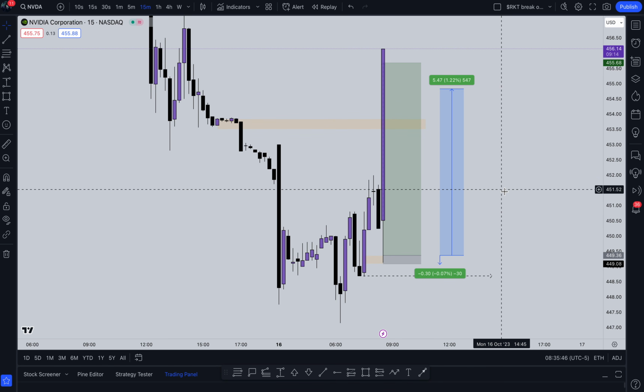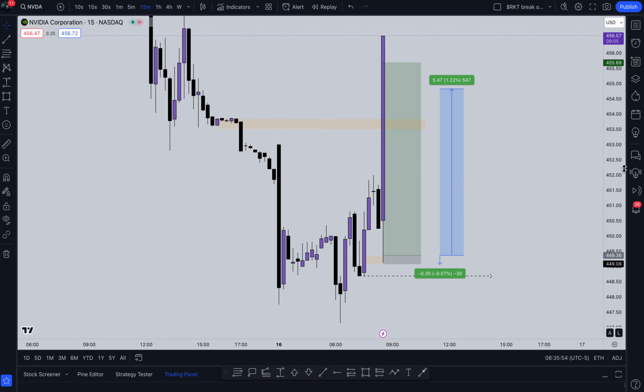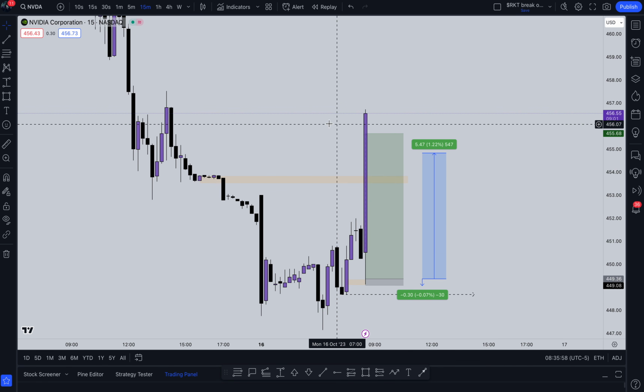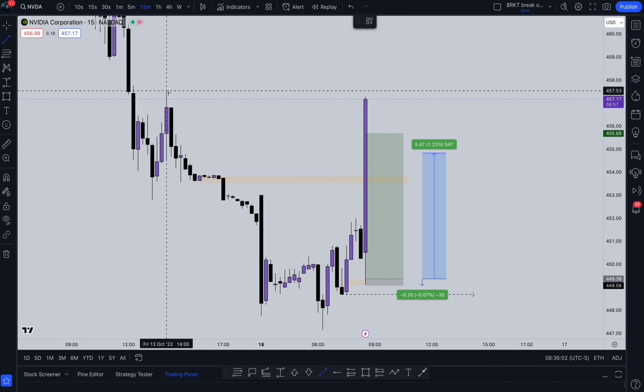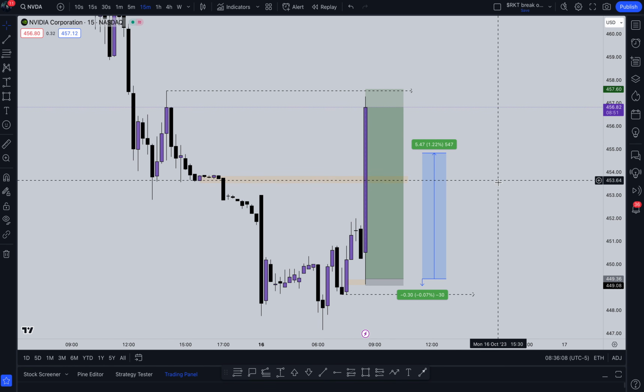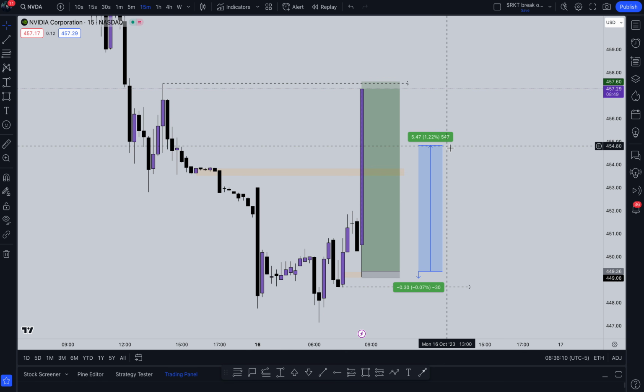So here you have it right here. Very great trade. We can see it's still playing out, still running. Very, very clean trade. So now what I would expect price to do is come take out this high here. Very, very clean trade.